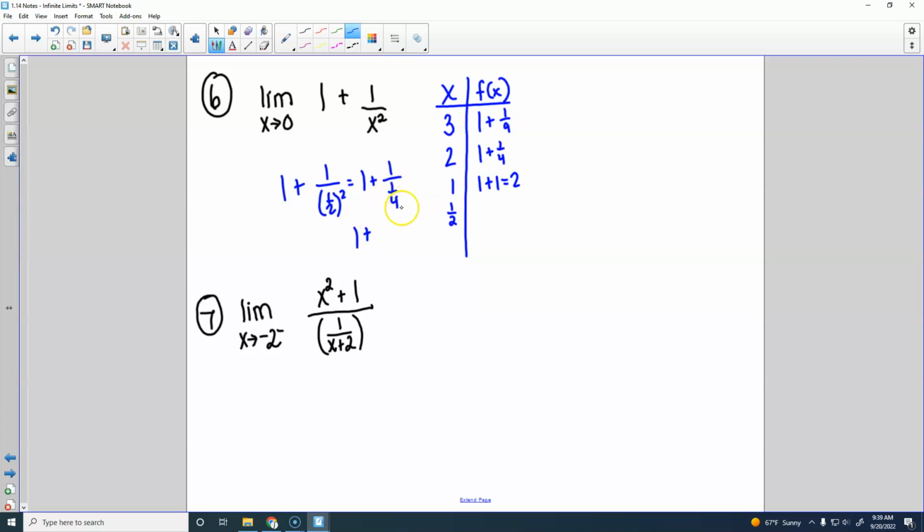Dividing fractions, easy as pie, flip the second and multiply. So really this is just like 1 plus 4, which would give us 5 right there. So the limit as x approaches 0 from the right of 1 plus 1 over x squared, it appears that this is going to be positive infinity.